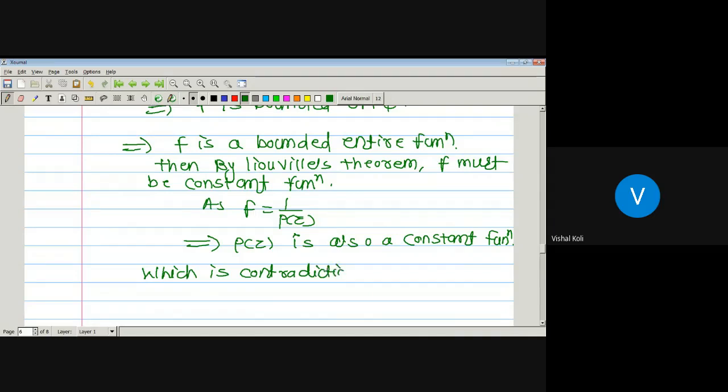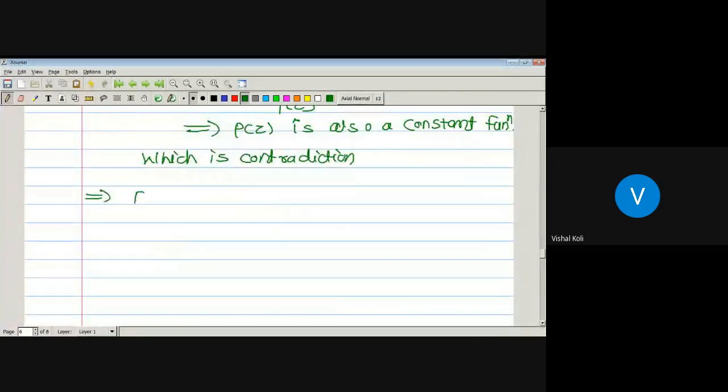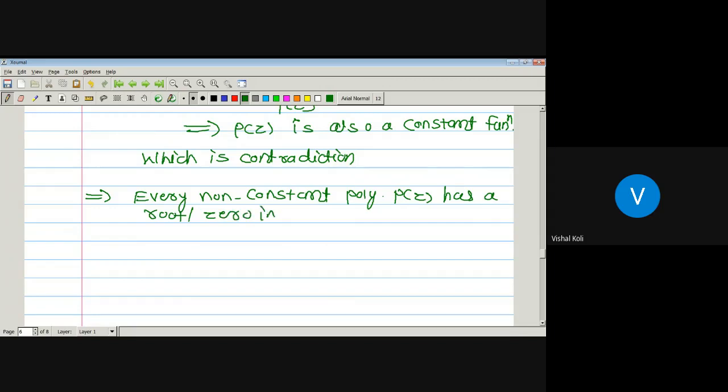As this is a contradiction, it means every non-constant polynomial p of z has a root or zero in C.